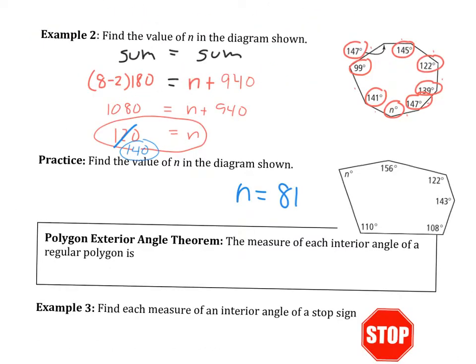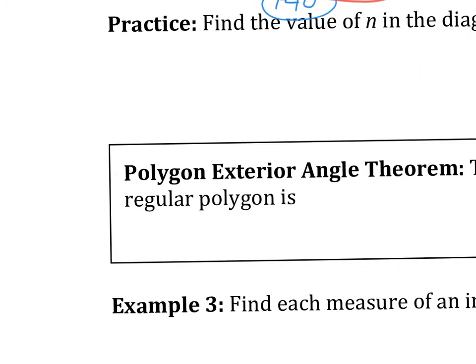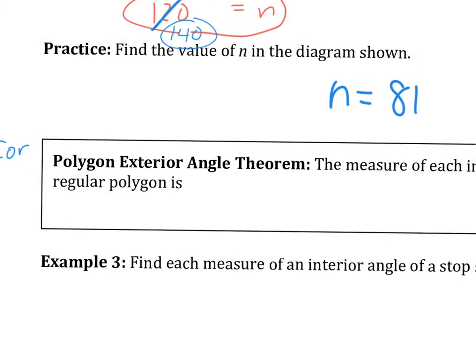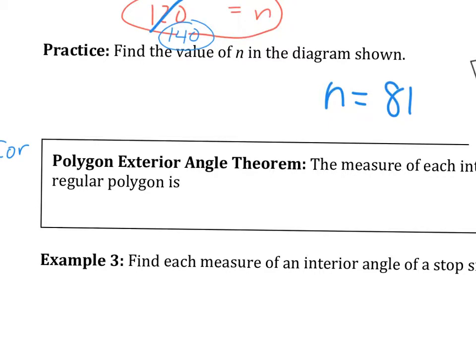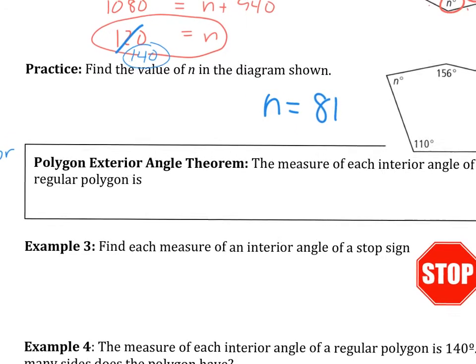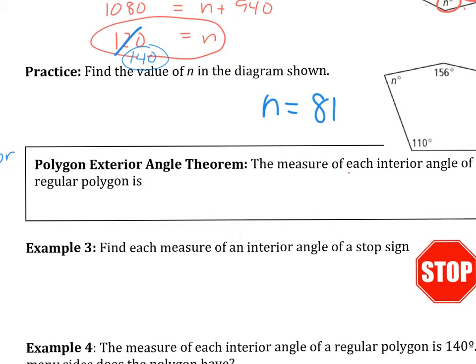The next thing we're going to look at is a corollary. In other words, it is a sub-theorem of the theorem we just looked at. And this is not talking about the sum of the measures of the interior angles of a polygon. Rather, it's talking about the measure of each interior angle. More specifically, of a regular polygon.